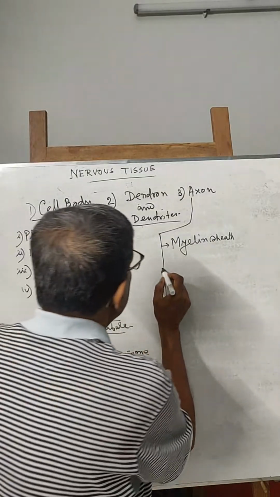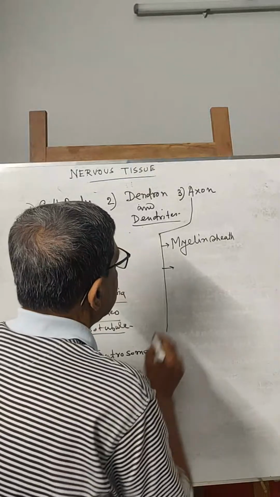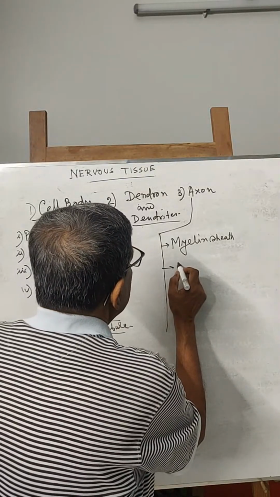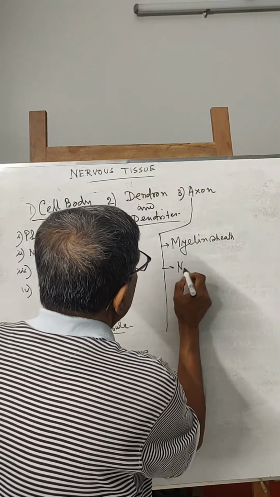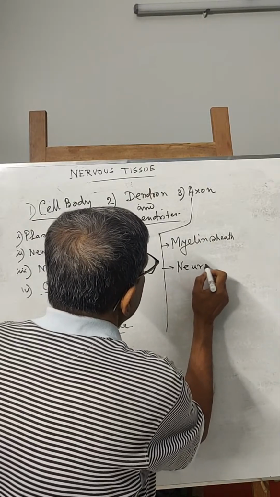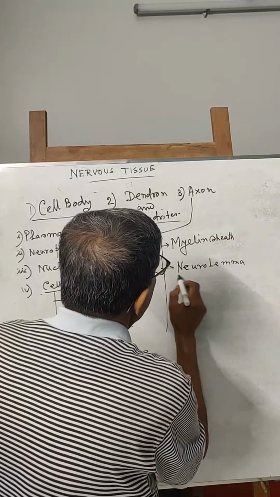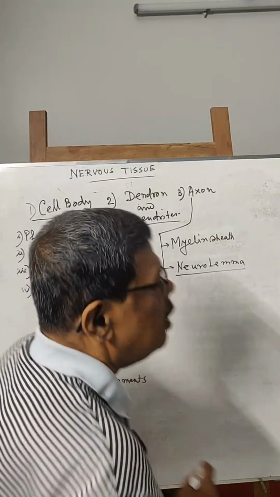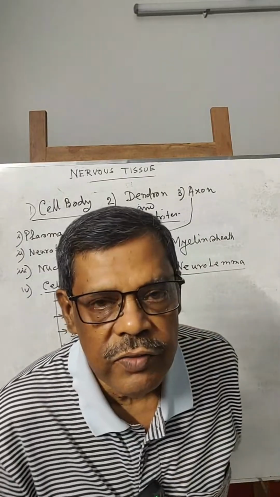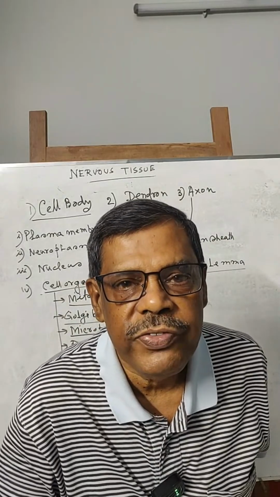Outside the myelin sheath, there is the neurolemma. Within the neurolemma, there is the Schwann cell's nucleus.